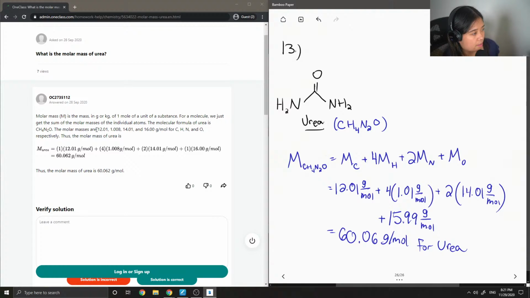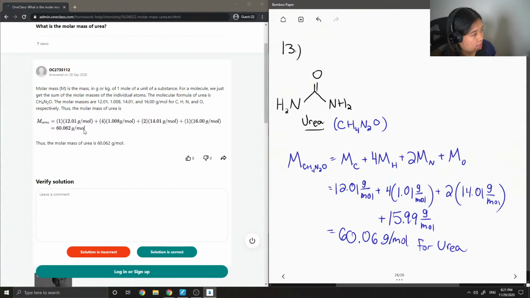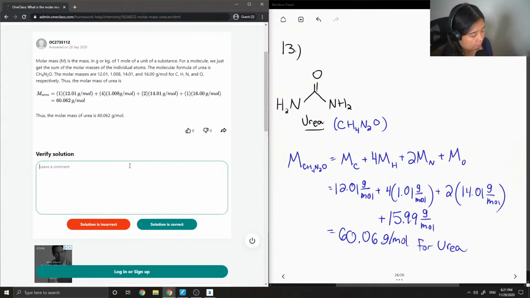The molar masses are 12.01, 1.008, 14.01, and 16.00 grams per mole for carbon, hydrogen, nitrogen, and oxygen, respectively. Thus, the molar mass of urea is 60.062 grams per mole. Yep, so this solution is correct.